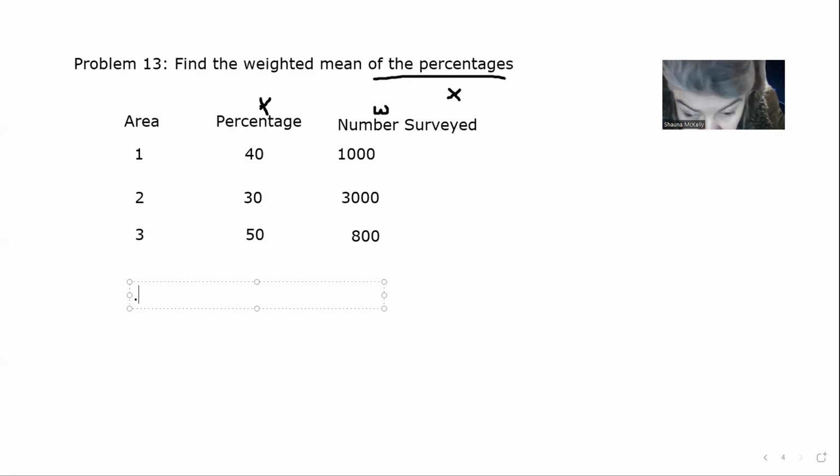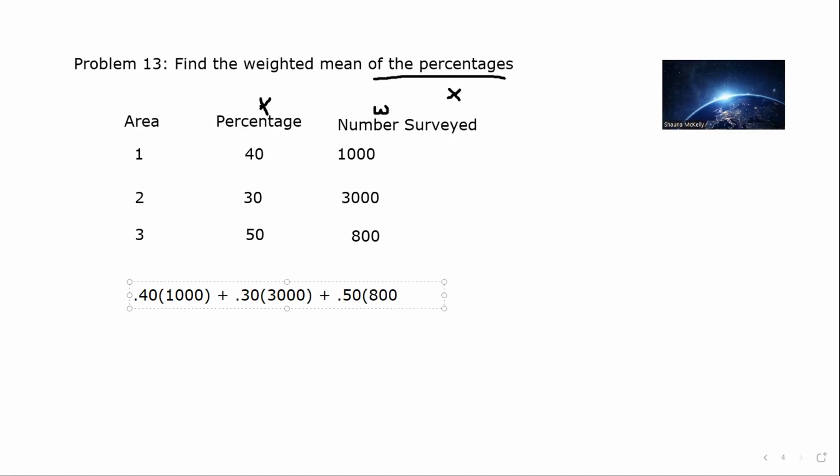So we're going to do 0.40 times 1,000 plus 0.30 times 3,000 plus 0.50 times 800.